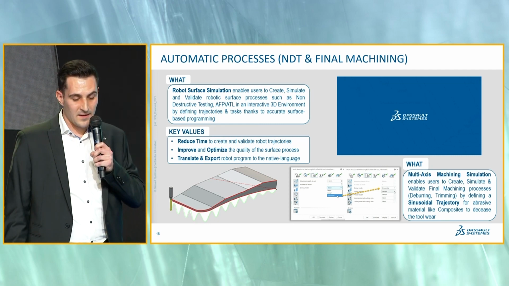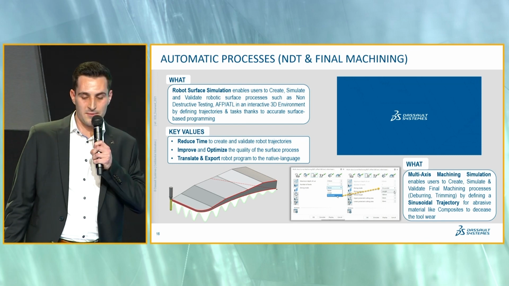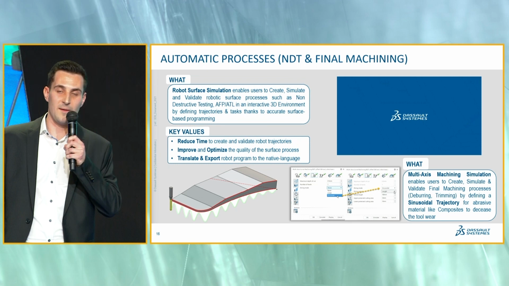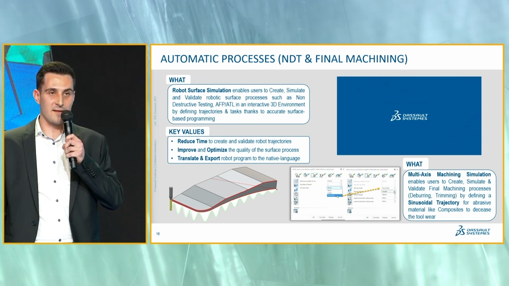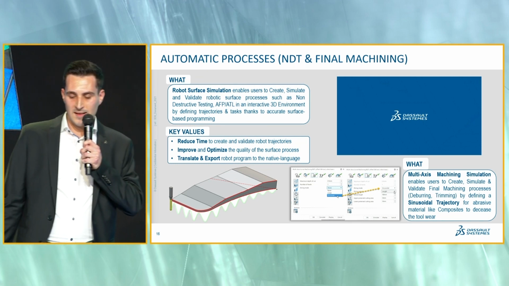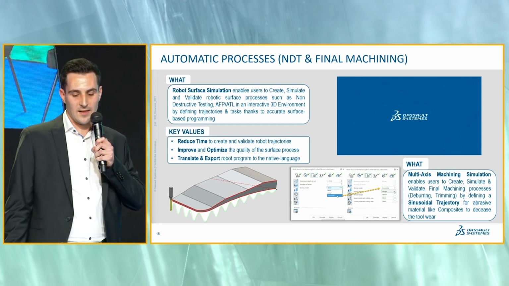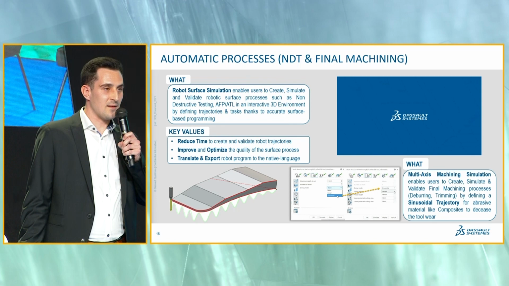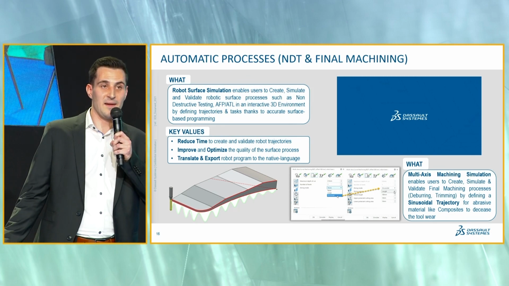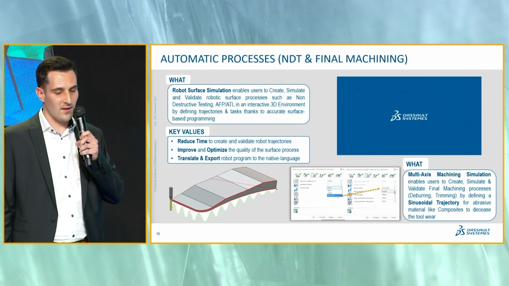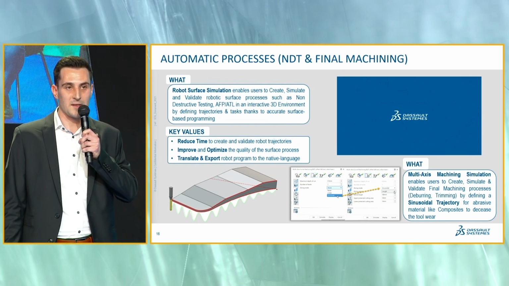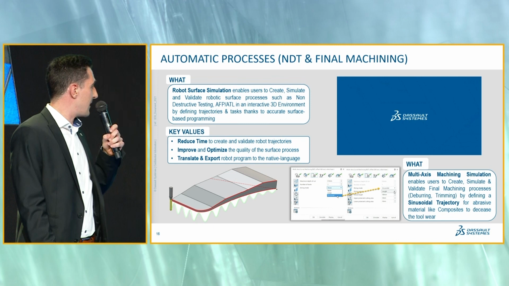And at the end, we have another solution from our machining side to execute operations like final machining, which is our multi-axis machining simulation solution. And there we validate final machining operations, and here we keep track of the wear of our tool, and we can see it quite well in the picture.